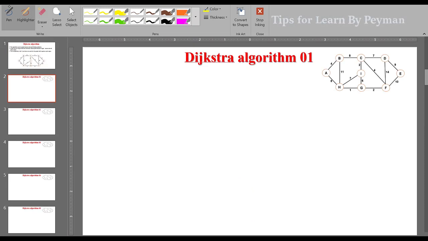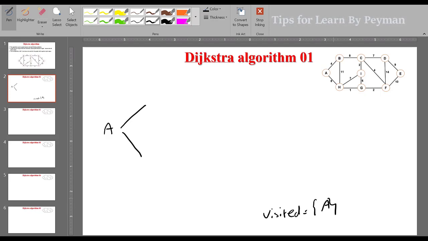Okay, let me choose my pen. In the first level, I said that we are going to start from the A node. When I open the A node, the adjacent nodes would be, let me write the visited nodes. We visited A in the first level.